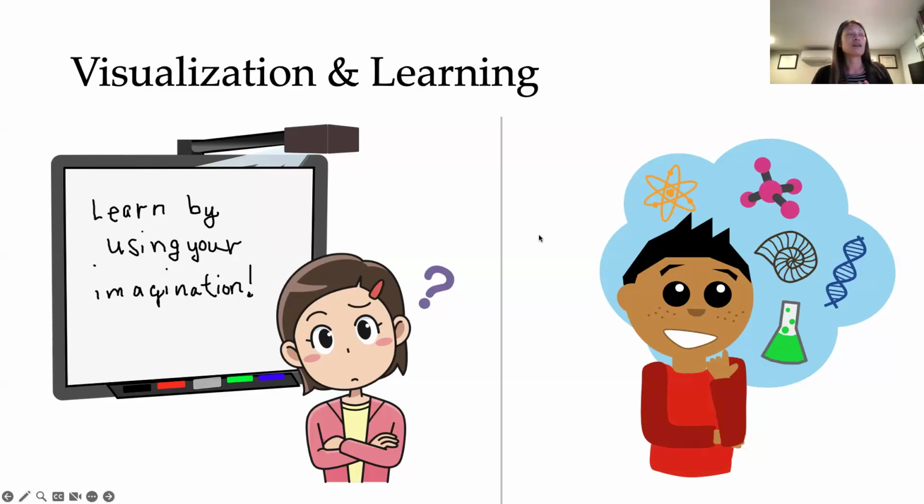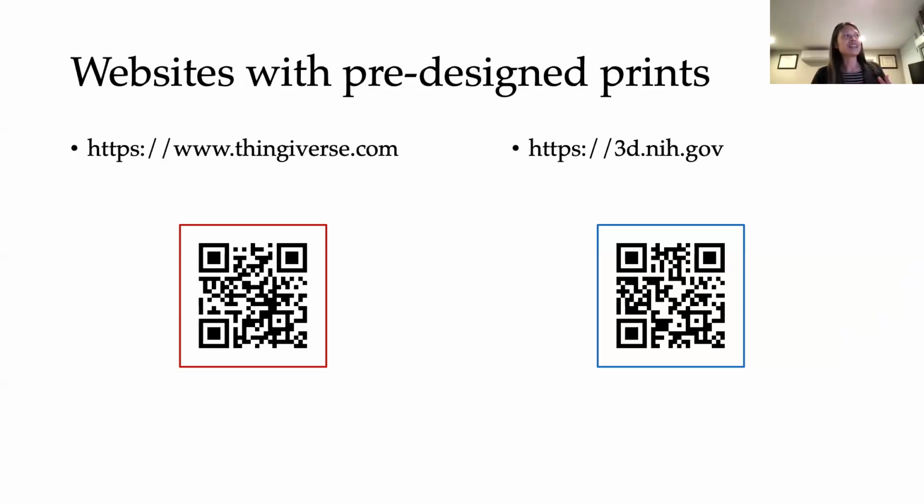So what we've done is we've taken these open resources, these 3D models that other people have designed. These are two websites that you can just click through, and you'll see there are lots of different models on Thingiverse, spanning from arts all the way through to the sciences.